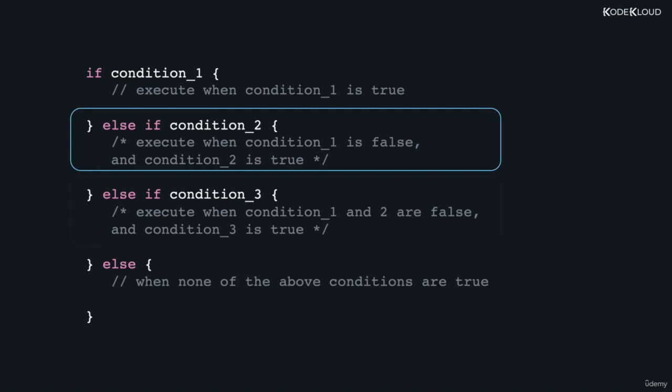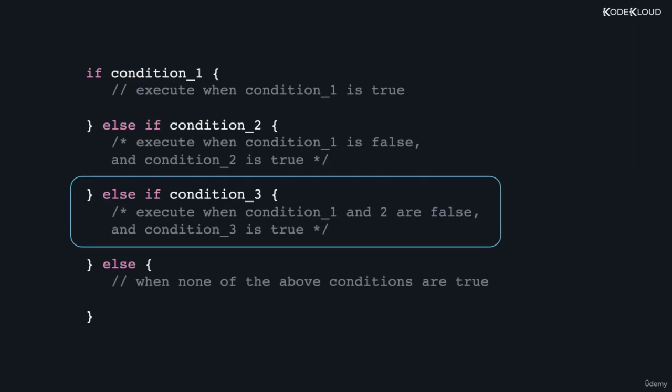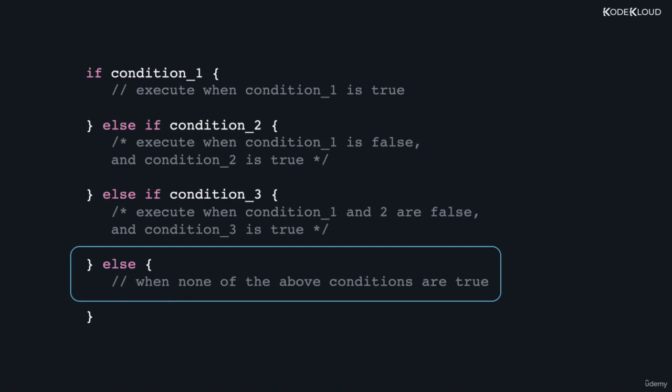Even if condition 2 is false, we still have one more else if block, and this will execute when conditions 1 and 2 are false, but condition 3 is true. Let's say all the above conditions result to false, then we have our else block, which will execute when none of the above conditions are true. Also note that if any of the conditions is met, the control will come out of the entire control structure.